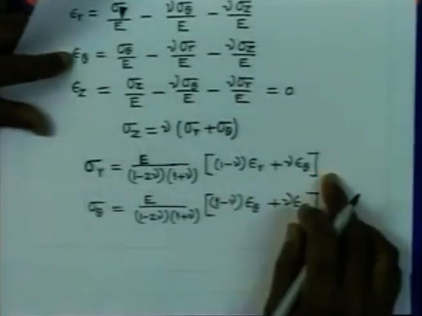Already in the case of thick cylinder, we see that the axisymmetric deformation is there, and epsilon r is given by du dr and epsilon theta is given by u by r.